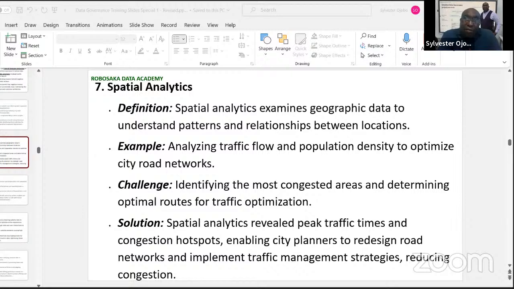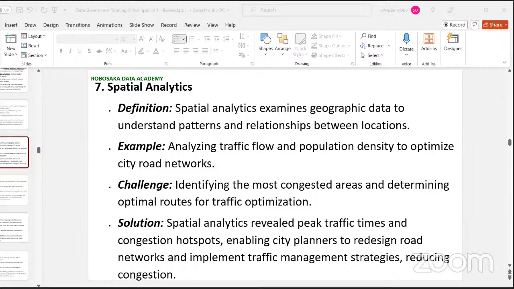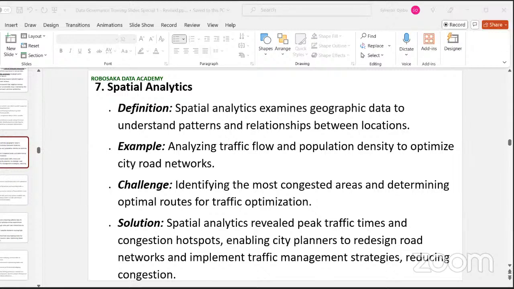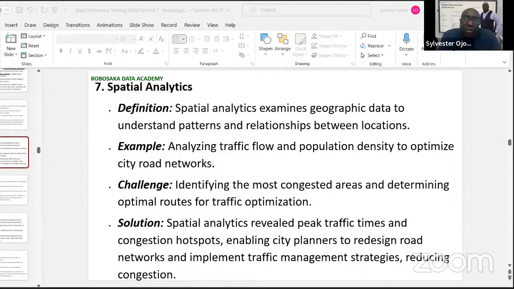For example, if you're driving from central London to Dover or to the east, where do you think you will experience traffic most in London? The east, isn't it? You live in Southwest. I live in Southwest, yeah. If you're driving from Southwest to the east, where do you think you find traffic most?